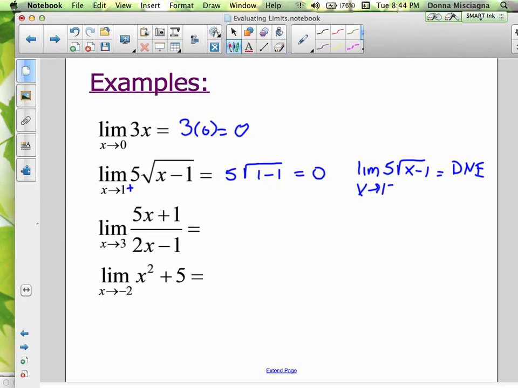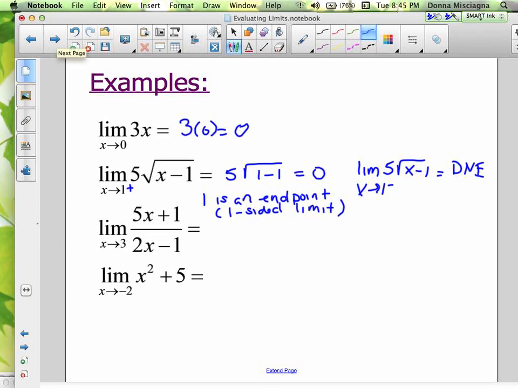So this is not a two-sided limit. This is a one-sided limit only. Tricky, you have to remember. So that's why I did it from the positive side, because it doesn't exist from the negative side. One-sided limit only. Let's look at the next one.